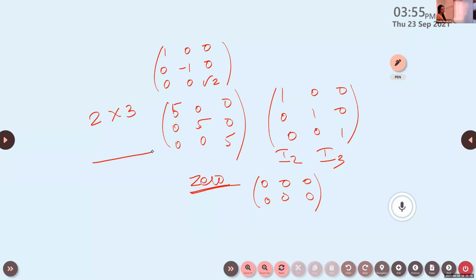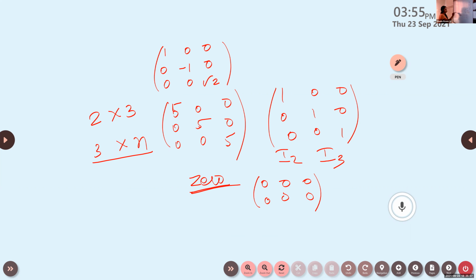A 2 by 3 matrix, we can multiply this matrix with a matrix of order 3 by any order, 3 by n.